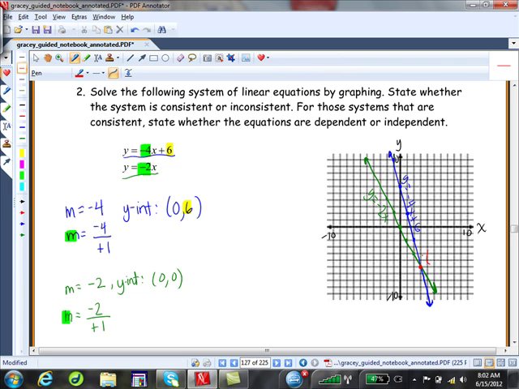That's right, the intersection point is the answer. So I think it's over at 1, 2, 3. Let's see, 1, 2, 3, and then 1, 2, 3, 4, 5, 6. So 3, -6. And so our answer is the ordered pair, 3, -6.